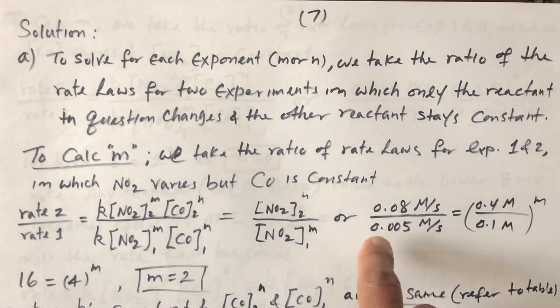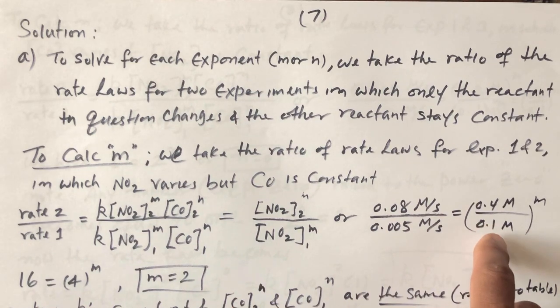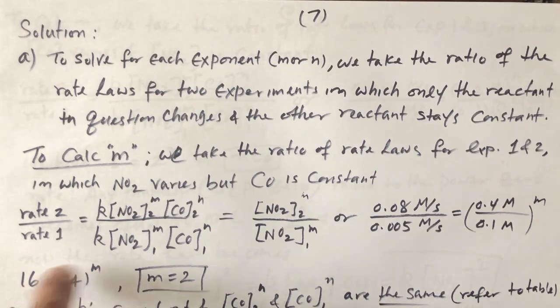So 0.08 divided by 0.005 is 16, 0.4 divided by 0.1 is 4, and therefore that number is raised to the power of m. So 4 squared gives you 16, so m must be 2.